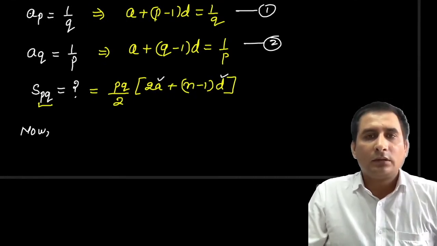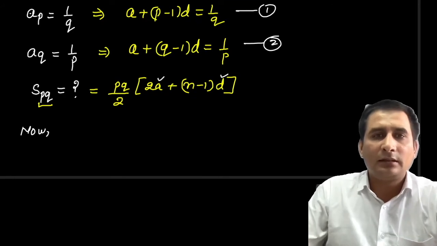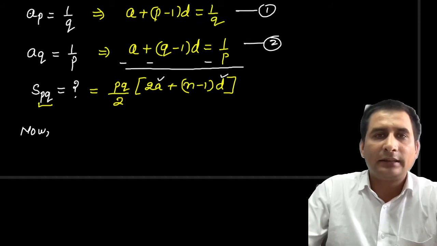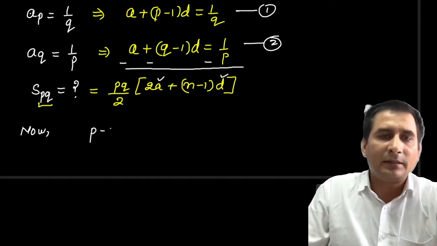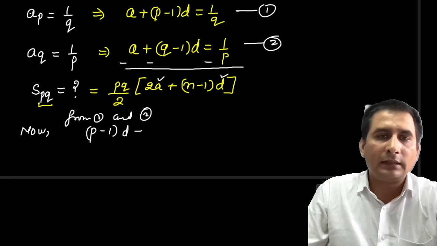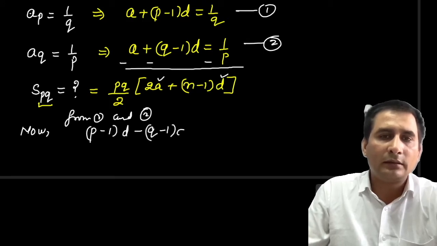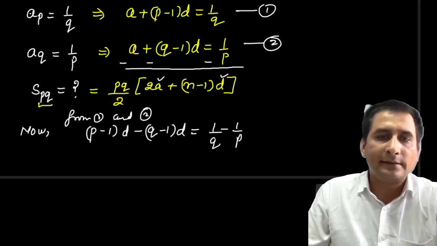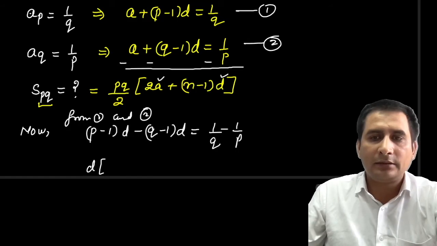Now let us apply the elimination method. If we apply the elimination method on these, change the sign, minus minus minus, A will cancel, and this will remain: p minus 1 into d. From 1 and 2, p minus 1 into d minus q minus 1 into d is equal to 1 by q minus 1 by p. So take d common. What is remaining here inside it?